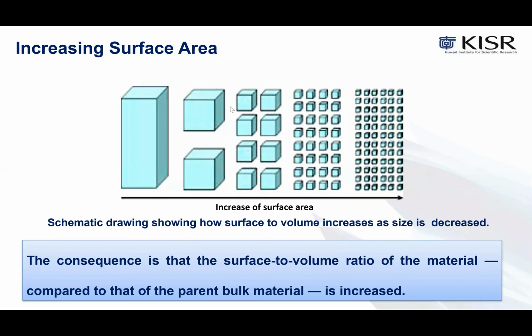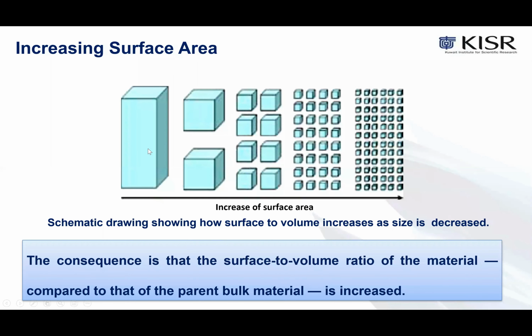So we can see here as we move to the nanoscale, the proportion of atoms at the surface greatly increases, and consequently, the properties of atoms at the surface begin to dominate those of atoms in the center of the material. So the properties of the nanoscale material are therefore different from the bulk material.